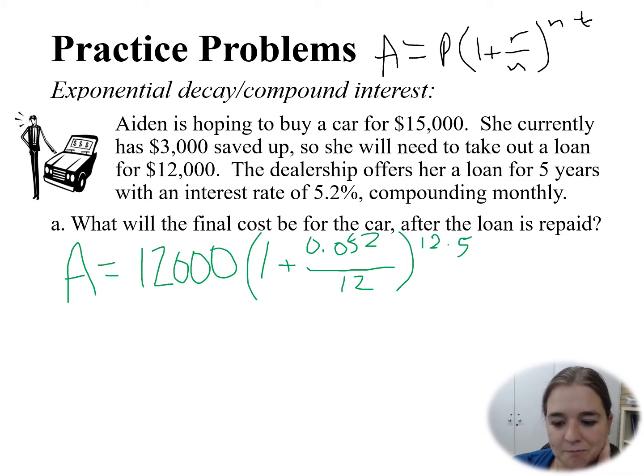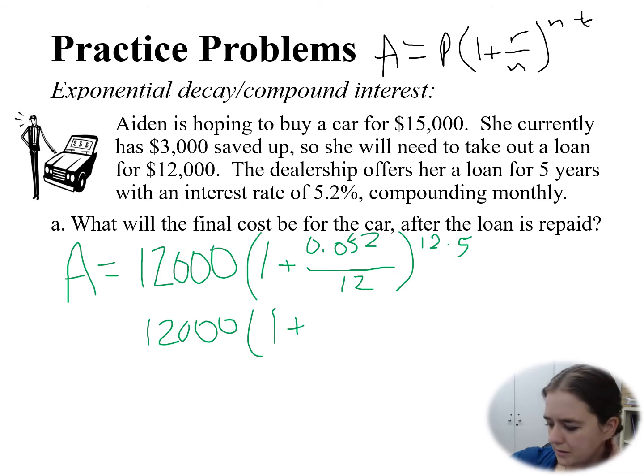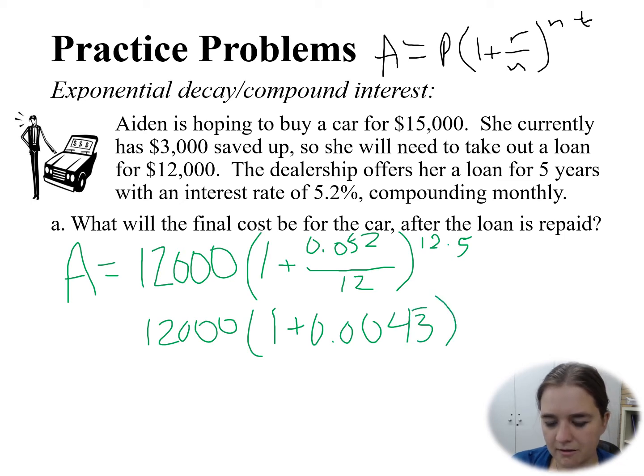Now I just need to keep simplifying. I can simplify inside my grouping symbol, so I get 12,000 times 1 plus 0.052 divided by 12, which is 0.0043 repeating, raised to the power of 12 times 5, which is 60.